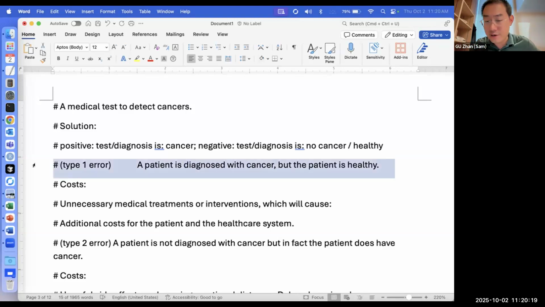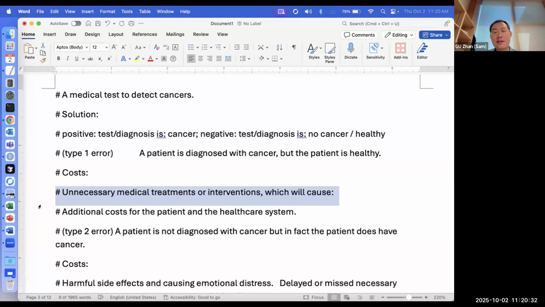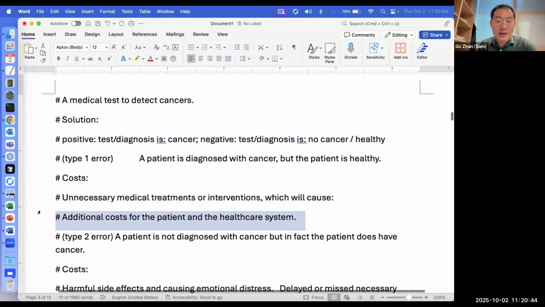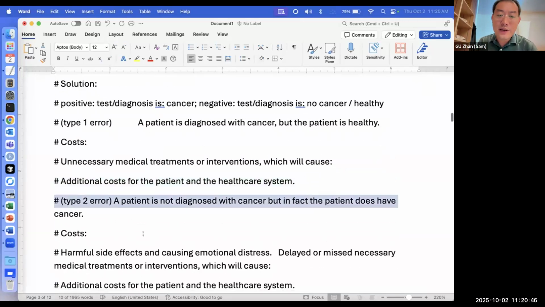This is called a type 1 error, a false positive. Why is it positive? Because the test shows positive, and it is wrong, so it's a false positive. The cost is unnecessary medical treatment: they go through chemo and many tests, and in the end the patient spends a lot of money and suffers, but in fact it's a useless treatment.